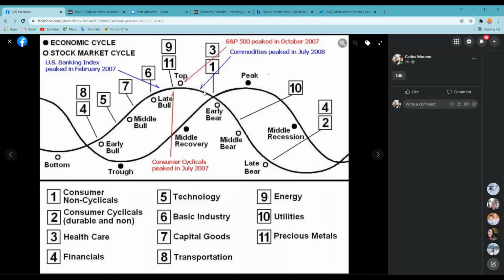What's next? As we're coming down, now we have number 3 and number 1, so healthcare and consumer non-cyclicals are what is going to be on the news. So it's always good to be aware of what will be trending next, so that you can plan ahead. But technology is always a very popular thing, and technology is always number 5.